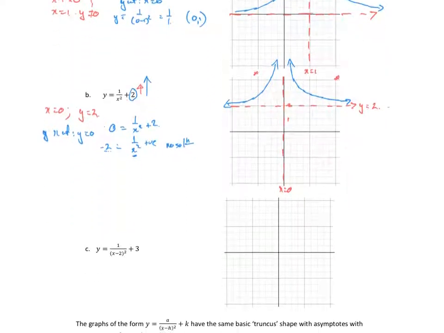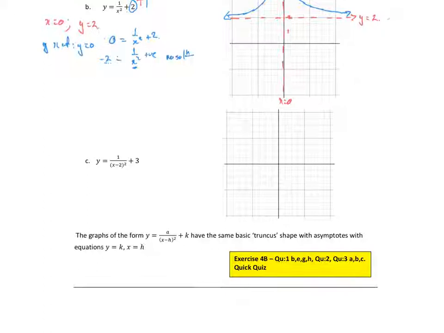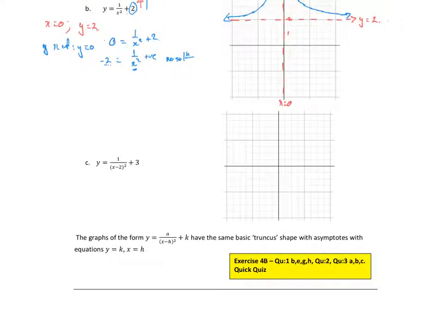So let's just do our third example here. We've got both translations here. That's what we call it when our graph shifts: a translation. So let's go to our asymptotes. For the vertical asymptote, I need x minus 2 not equal to 0, so x is equal to 2. So the whole graph is shifted across 2 units, and the whole graph up 2 units.